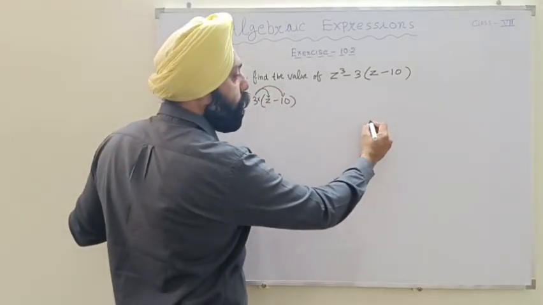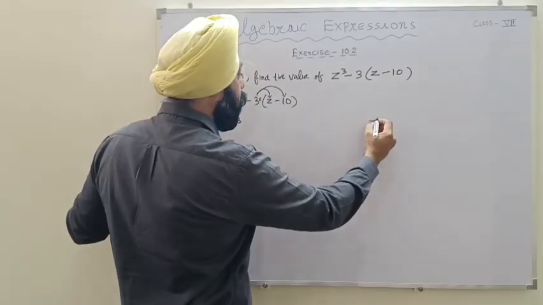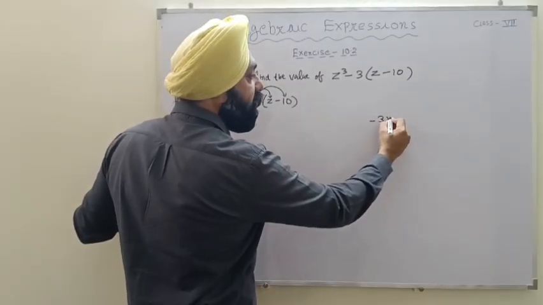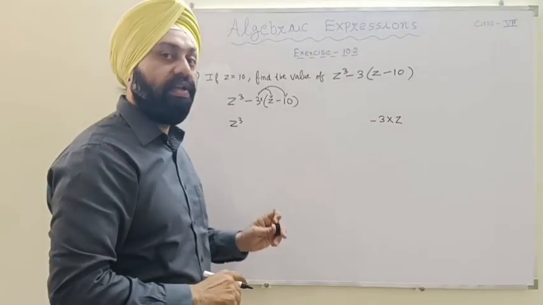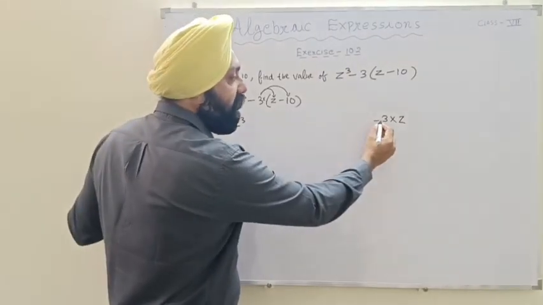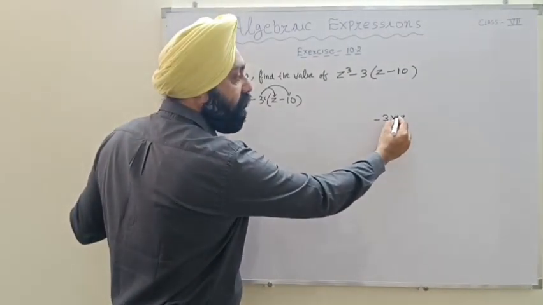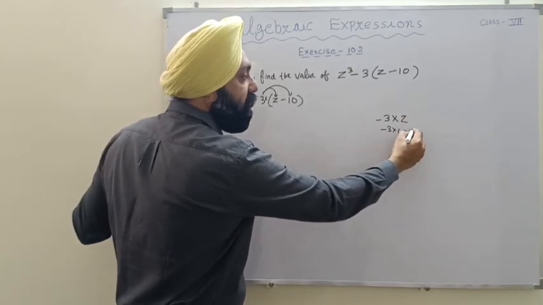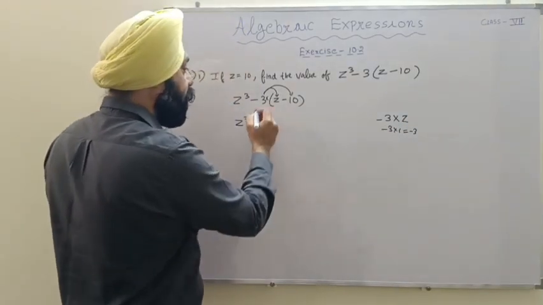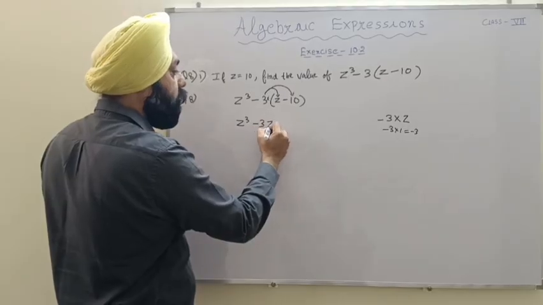This is known as the distributive property that you must have done also. So minus 3 into z. Whenever we are multiplying two terms, we usually multiply the numerical coefficients. So minus 3 and z. z is having the numerical coefficient 1. So minus 3 into 1 will give minus 3, and we will put z as it is. So it will be minus 3z.